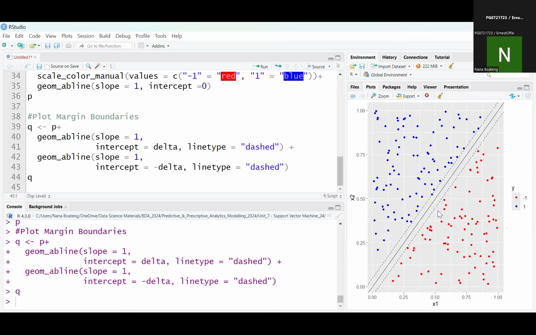But before we do it, let's split our model. Let's partition our model, and then we fit it into the SVM model. So this is just to give you an idea as to how the decision boundary can be plotted using the ggplot. Now let's partition our data set and then we go on to fit the model.